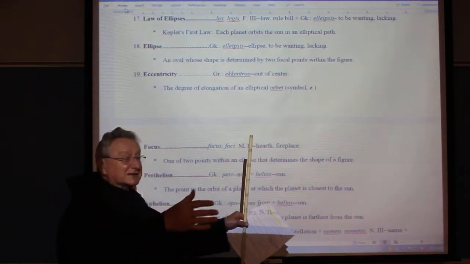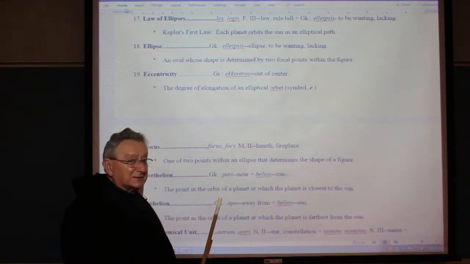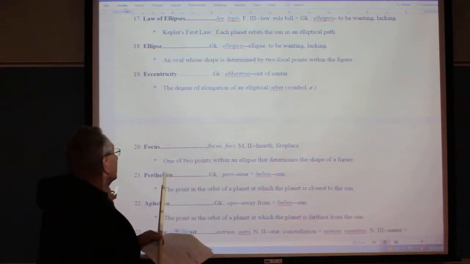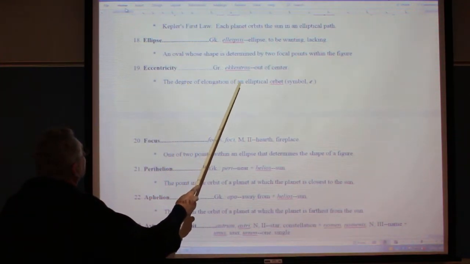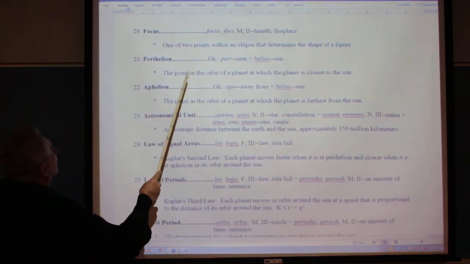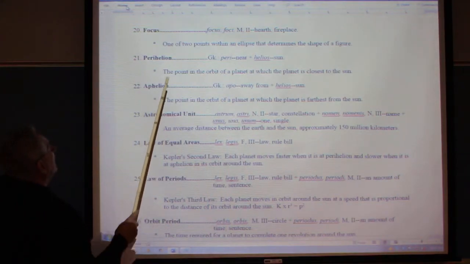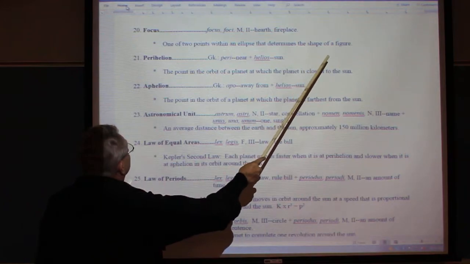And as it becomes less elongated, it becomes more like a circle. So you can imagine the eccentricity, the degree of the elongation of the elliptical orbit. Okay. Now, the focus are these points: one of the two points within an ellipse that determines the shape of the figure.